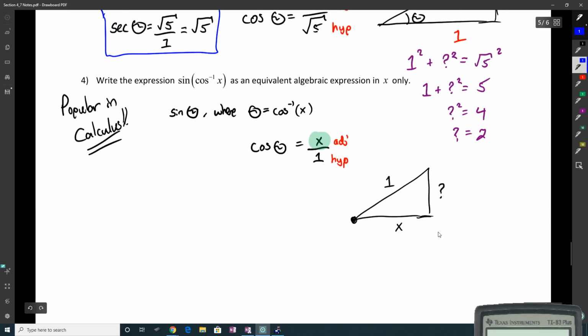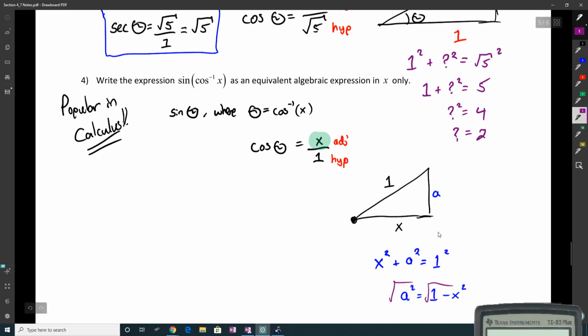So working that out, I have x squared plus that missing side squared is equal to 1 squared. And I just subtract it over. You know what, I'm going to call it a, as I don't like writing a question mark all the time. So a squared equals 1 minus x squared, and then I can take the square root.